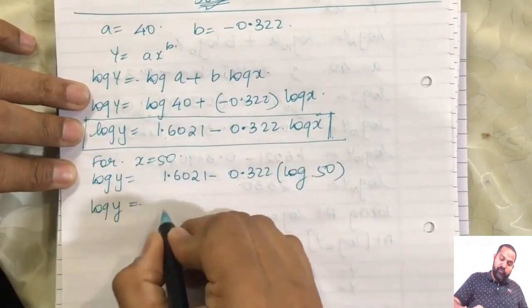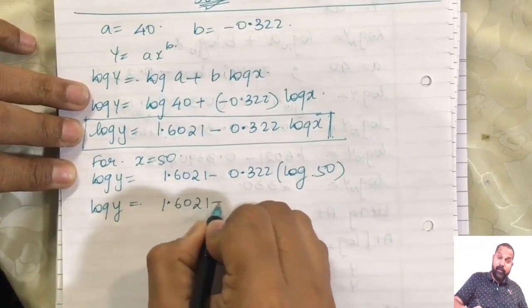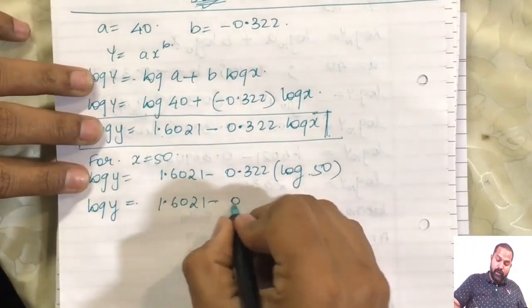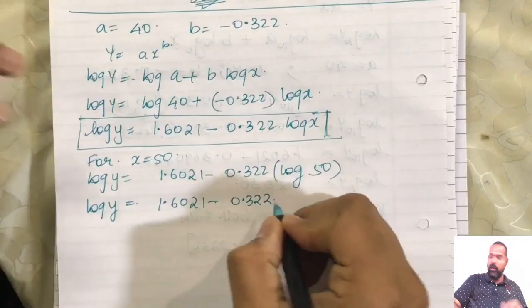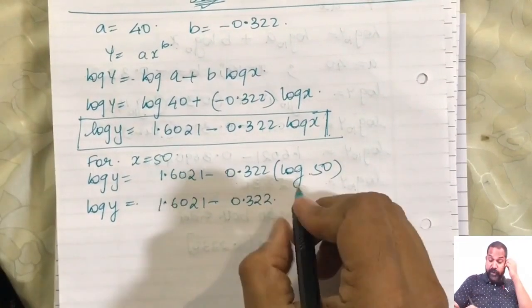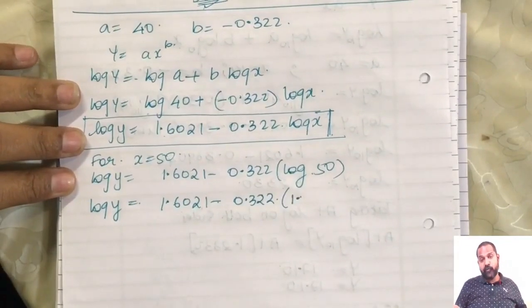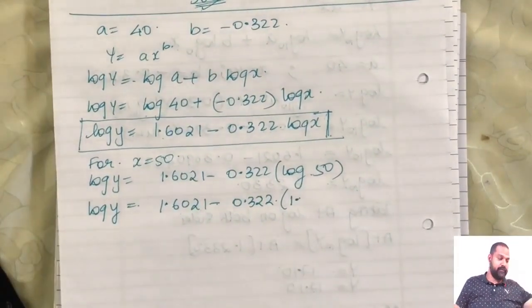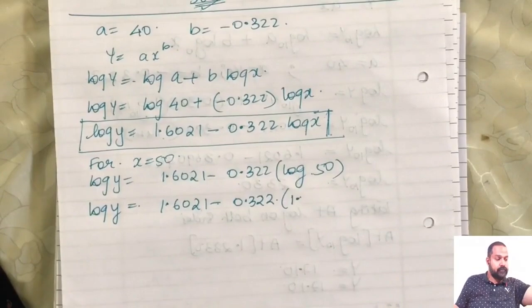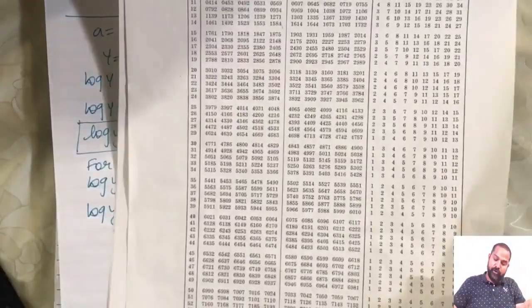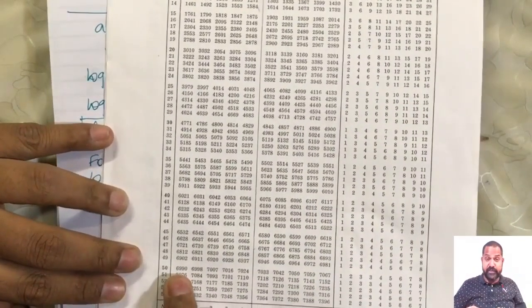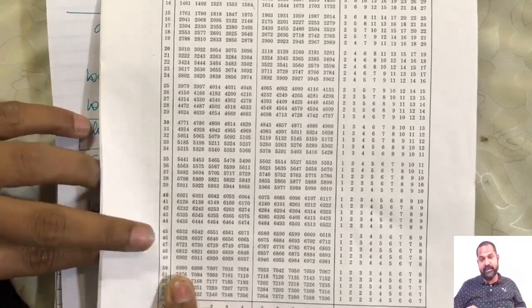Log of y will be 1.6021 minus 0.322 log 50. Log 50: two places before the decimal, minus 1 is 1, and in 50, the decimals are 6990.